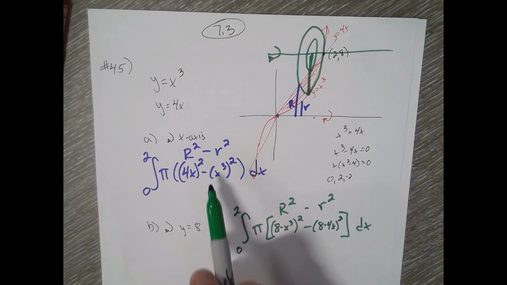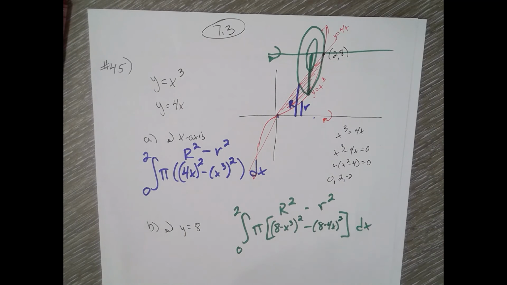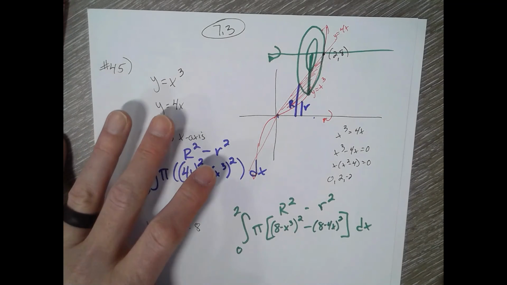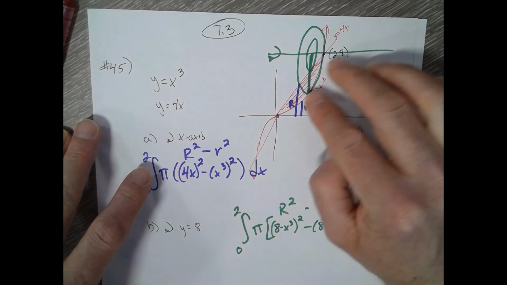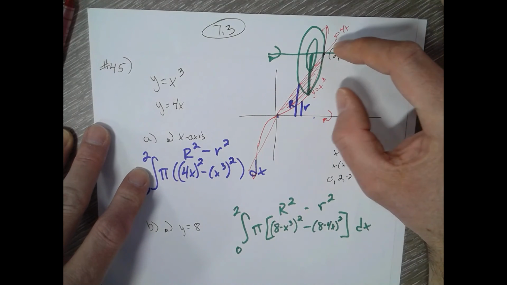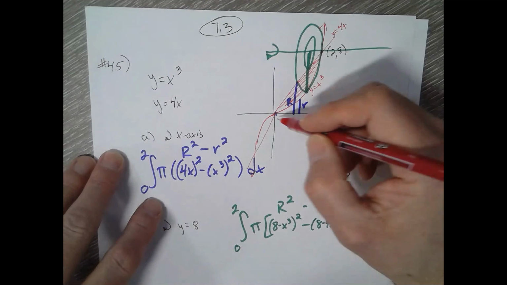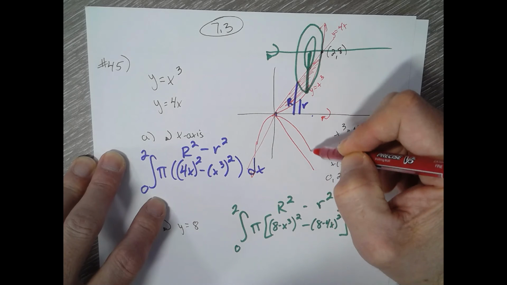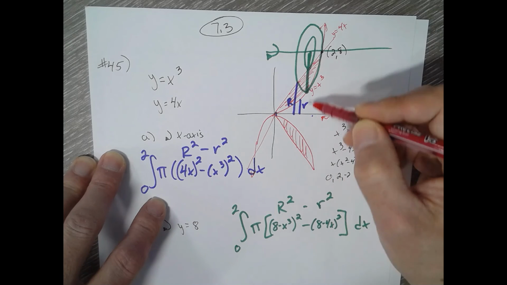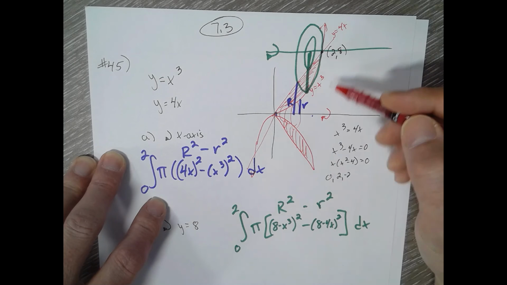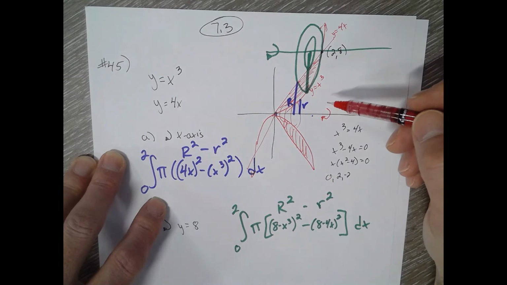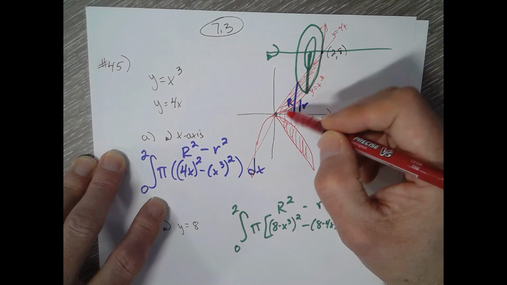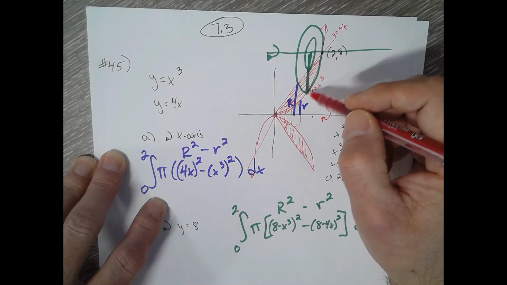So when you do the blue one, which is revolving around the x-axis, and the green one, which is revolving around y equals 8, it looks like from the picture that the volumes would perhaps be the same. But if we're going around the x-axis here, my shape is going to be like this, revolved around, and you can see the inside of the bowl is going to be concave up, or concave down, thinking of it that way.